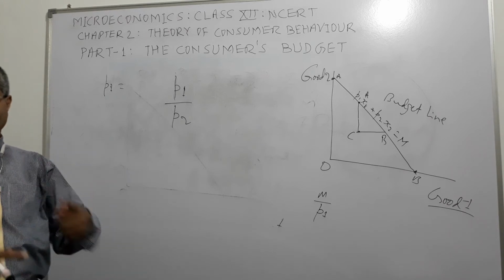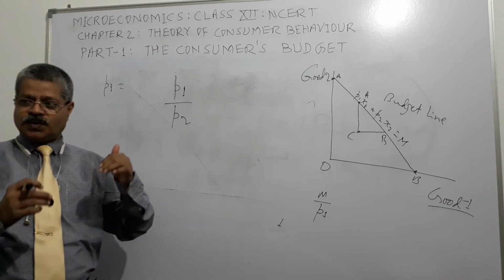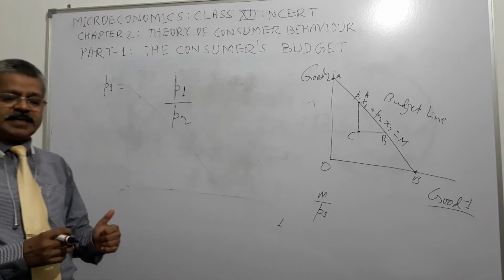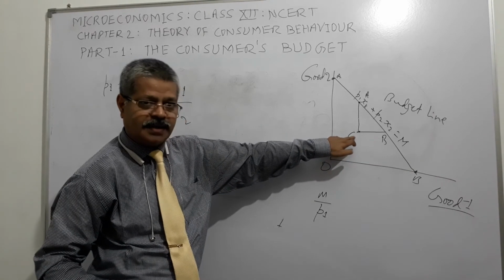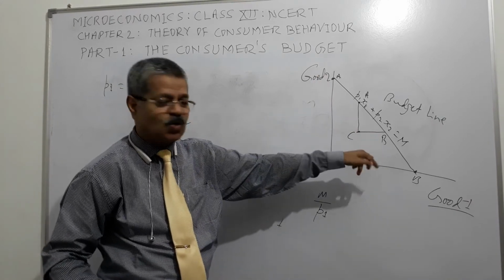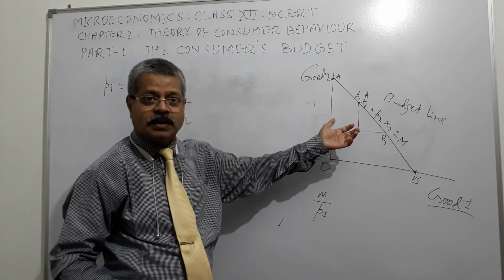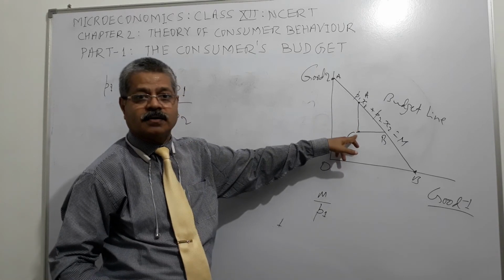We will explain it again. Compared to a point below the budget line, there is always a point on the budget line on which the consumer gets more of one thing and the same of the other.